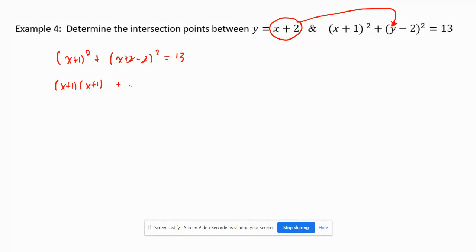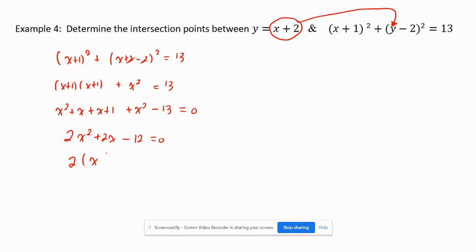Those 2's cancel out, so this is just going to be x². I'm just going to bring this negative 13 over here as well. So what we're left with is 2x² + 2x − 12 = 0.